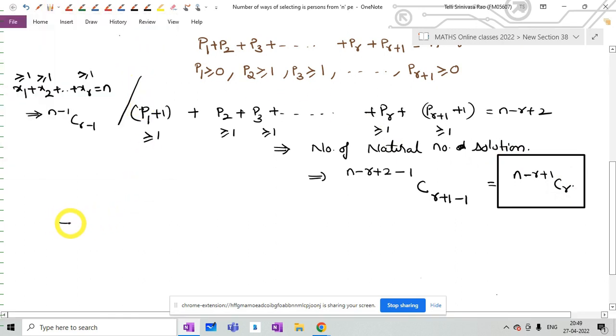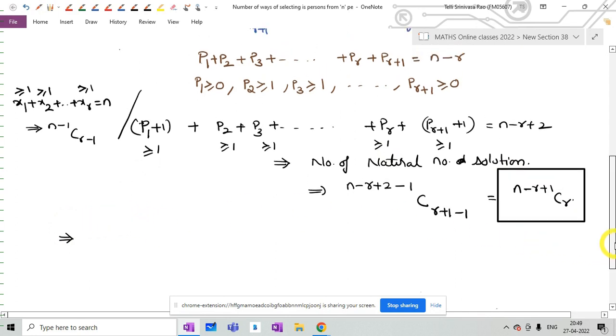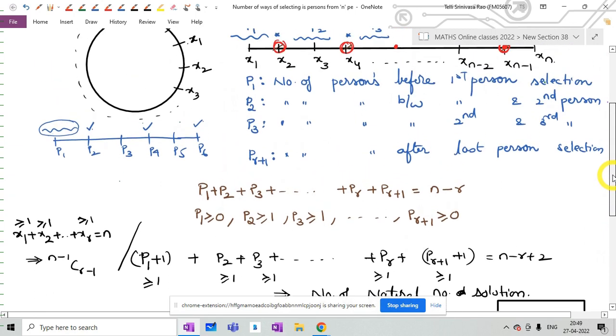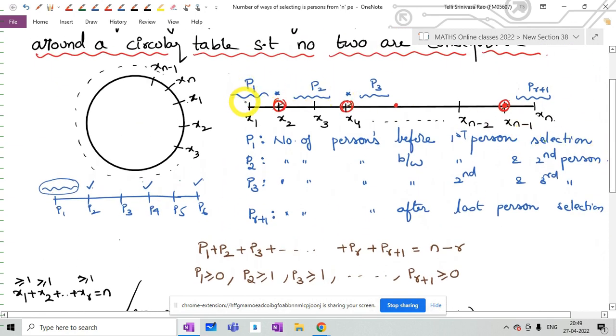Now we will convert the question into a circular table. In the case of a circular table, we have to remove one case. Which case do I have to remove? If we consider a circular table and a linear table, the total number of ways of selection remains the same, but you get only one problem.